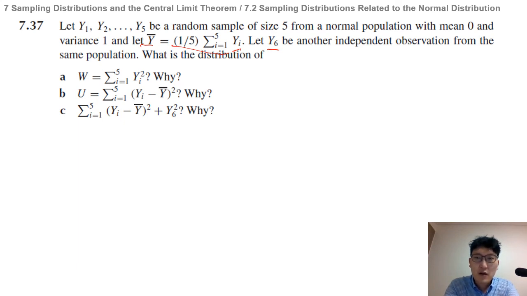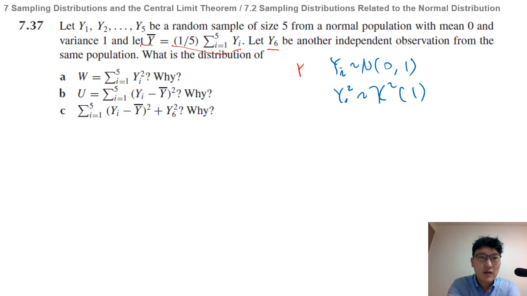Here, what we know is yi follows a normal distribution 0, 1, so standard normal distribution, so yi square follows a chi-square distribution with degrees of freedom 1, and the W term is a sum of 5 chi-square distributions, so W follows a chi-square distribution with 5 degrees of freedom.